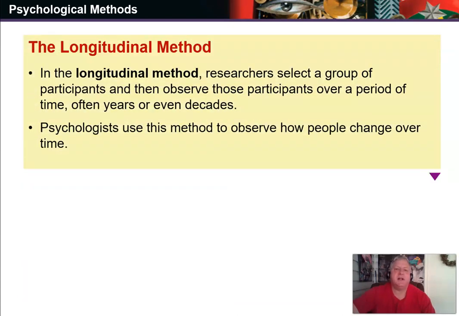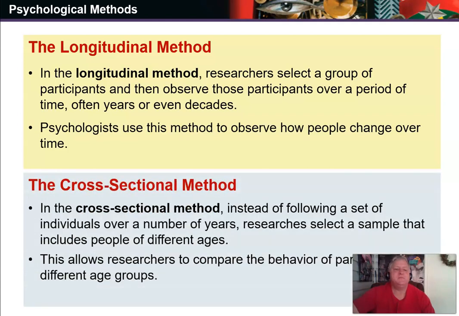In the longitudinal method, researchers select a group of participants and then observe those participants over a period of time, often years or even decades. Psychologists use this method to observe how people change over time.